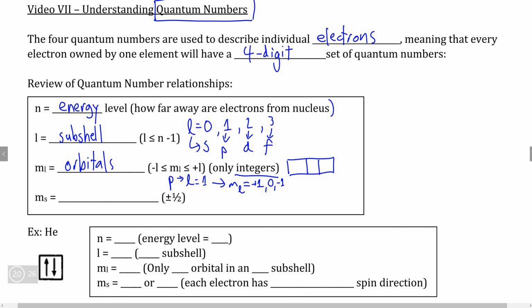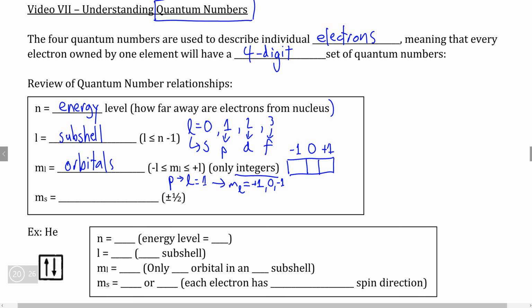And these numbers here correspond in numerical order with each of the orbitals of the subshell. So this would be m sub L equals negative 1, the first P orbital. This would be m sub L equals 0, and the last one would be m sub L equals positive 1.